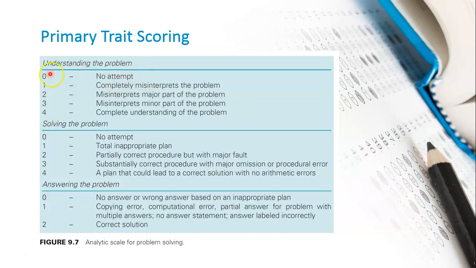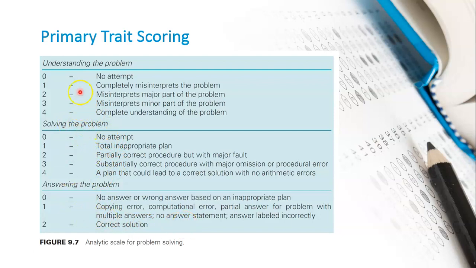This one uses 0, so the rater, if he or she cannot see the understanding of the problem, or it is not attempted, can give 0. If you only give 1 to 4, if the thing is not performed, the student may still have 1 mark here. Okay, so this is the example here.